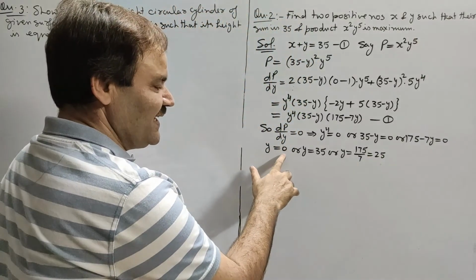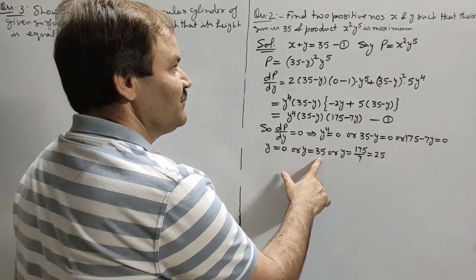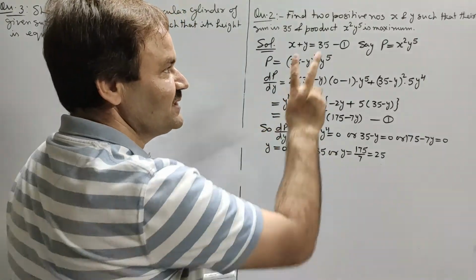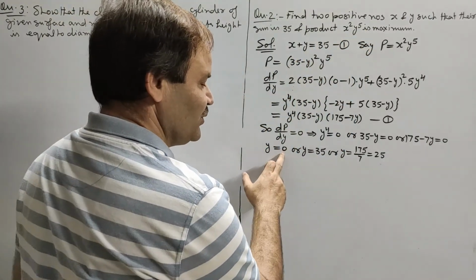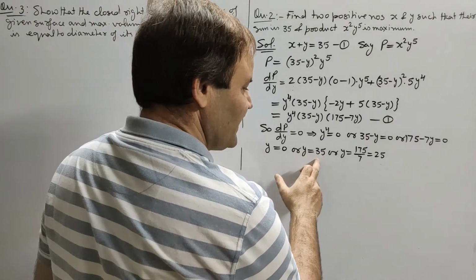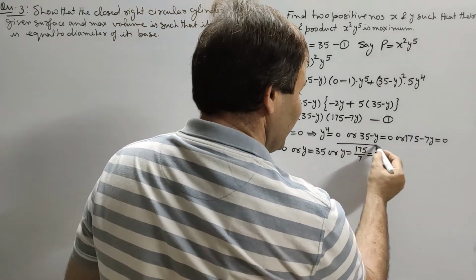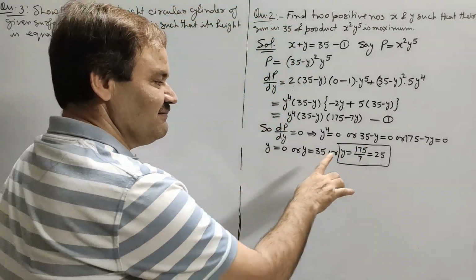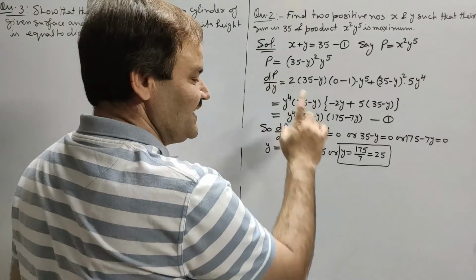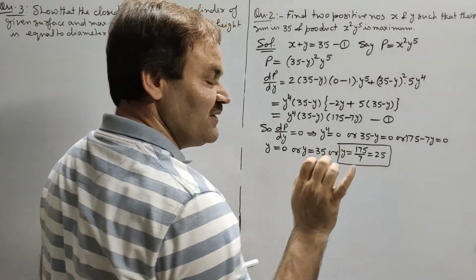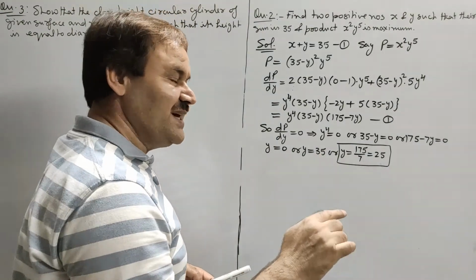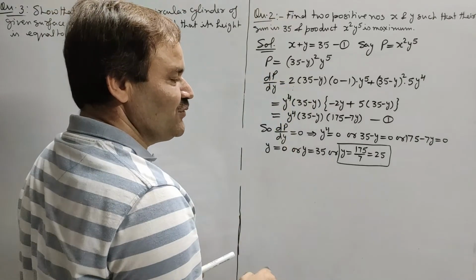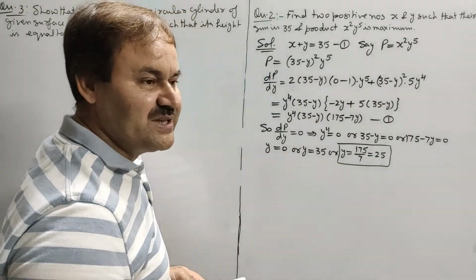Since y can neither be 0 nor 35, because we had to split 35 into two positive values, so y is neither 0 nor 35, so the only possibility is y is equal to 25. Now we will determine whether the product P is maximum at y is equal to 25 or not, and for that we will have to find out the sign of the second derivative of P at y is equal to 25.